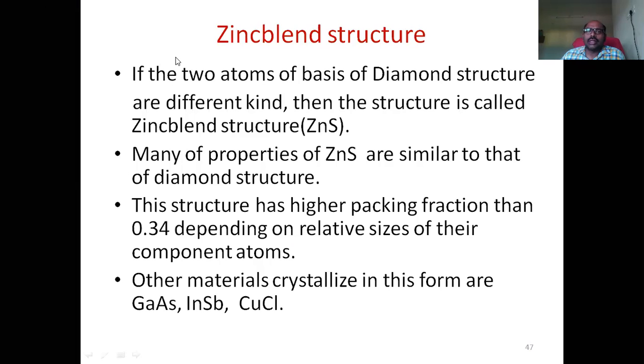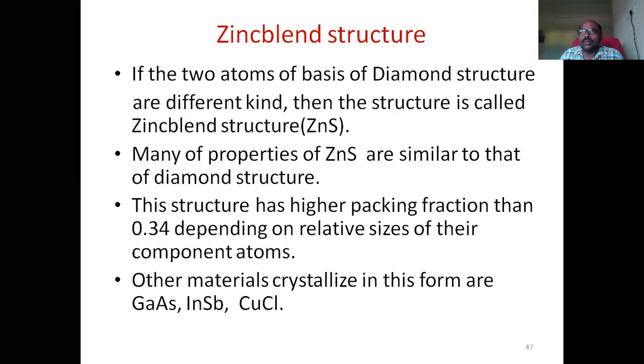In sodium chloride structure, it is the combination of two FCC lattices, and they interpenetrated along the side by a distance half of the distance of side, and the number of lattice points per unit cell is 4, and the number of ions per unit cell of a sodium chloride structure is 8 ions. The packing fraction is 52 percentage.